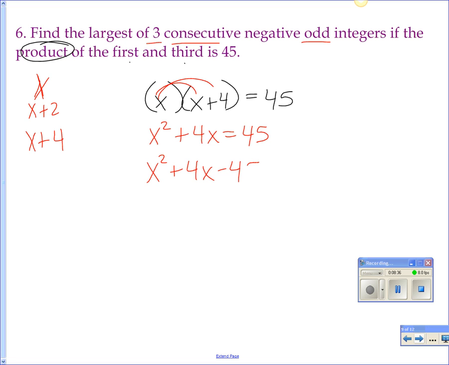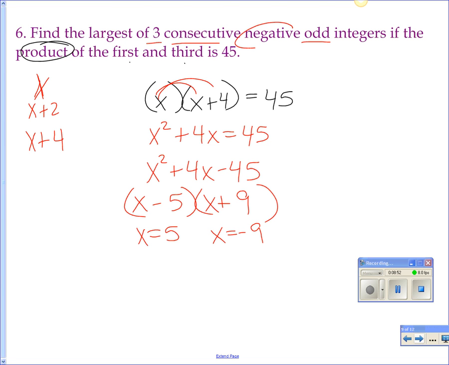Move the 45 over. That factors to 9 and 5. Multiply to give you 45 and subtract to give you 4. Set those equal to 0. So you get x is 5 and negative 9. And you want the negative. Oops, just messed up right there. So I want the negative.